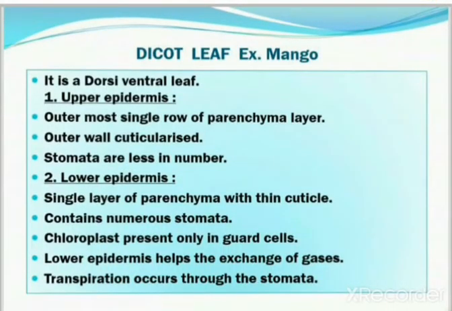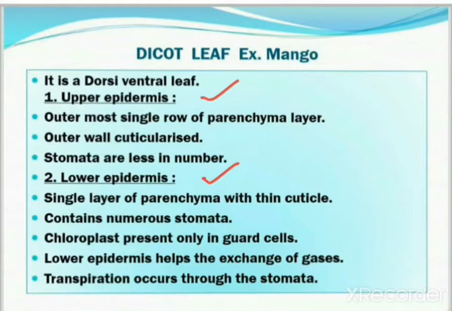First, epidermal tissue system. In leaves, the epidermis is of two types. One is upper epidermis and the second one is lower epidermis. The upper surface of the leaf is covered with upper epidermis and the lower part is covered by lower epidermis.